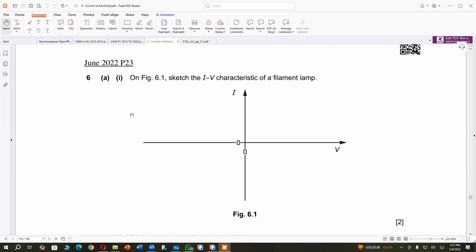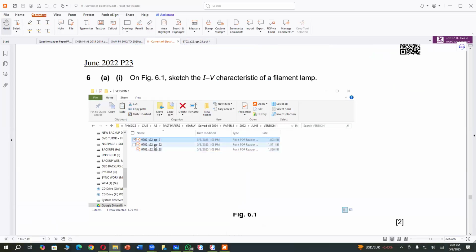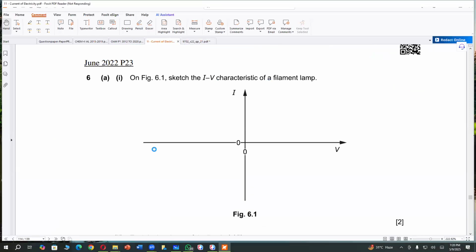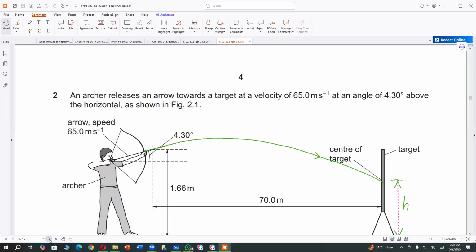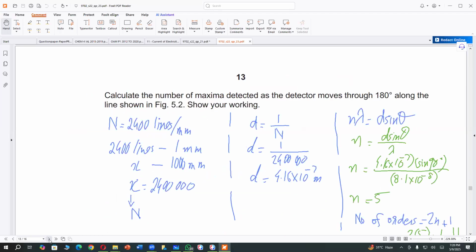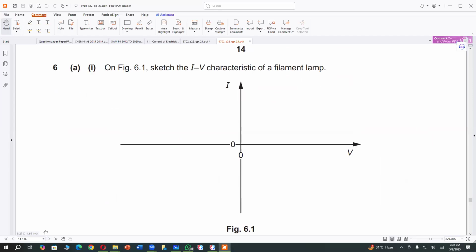Now, this is June 2022, paper 23. Sketch the IV characteristic of a filament lamp.